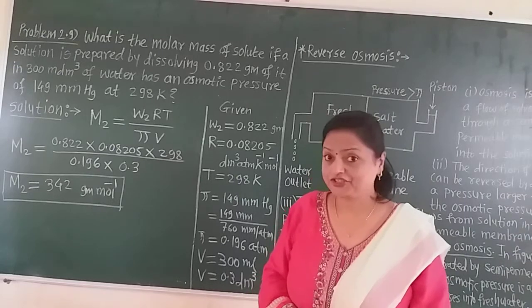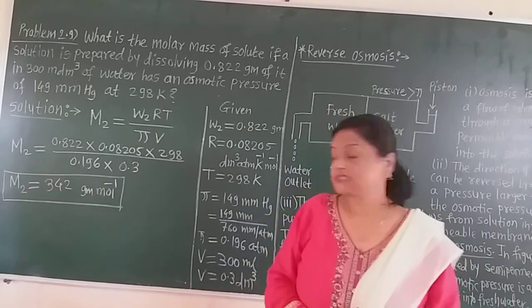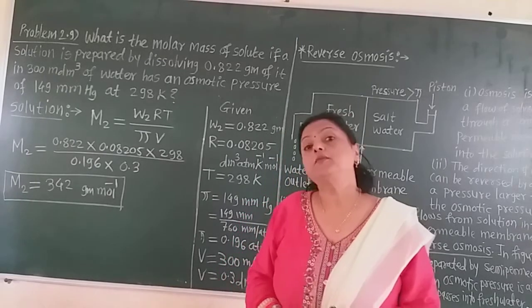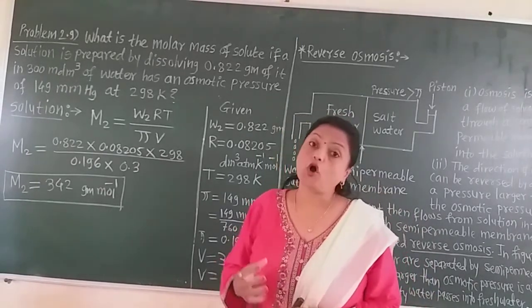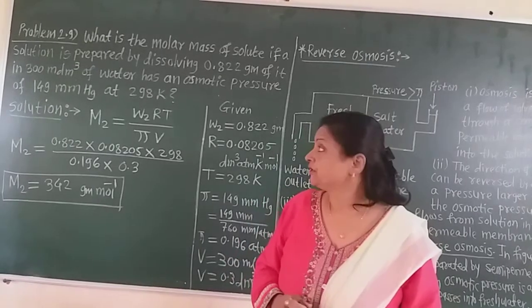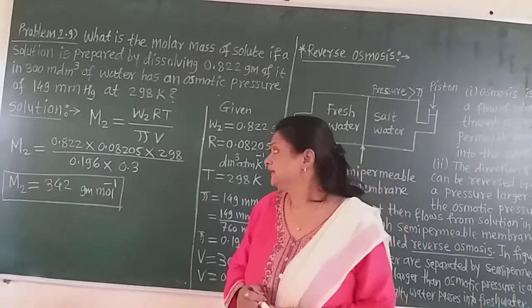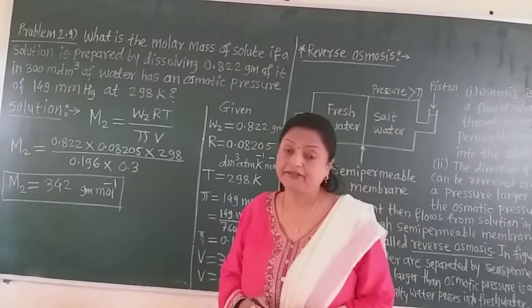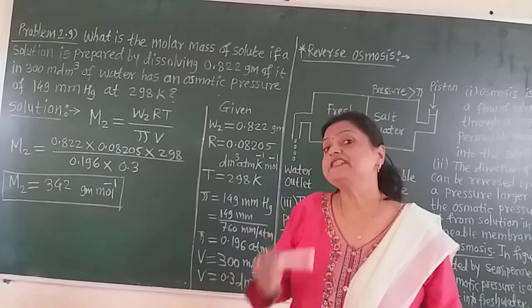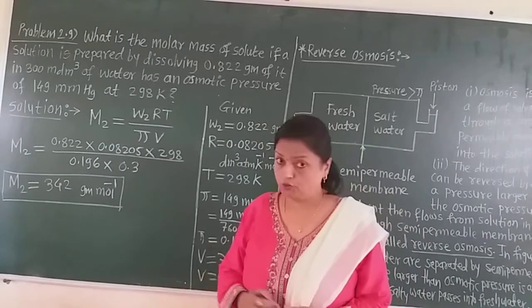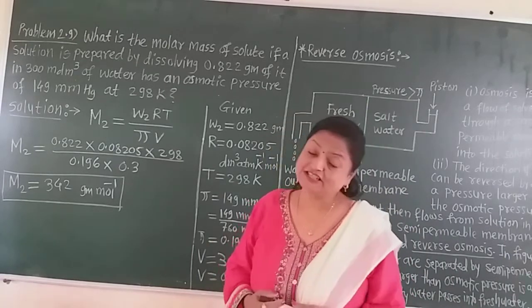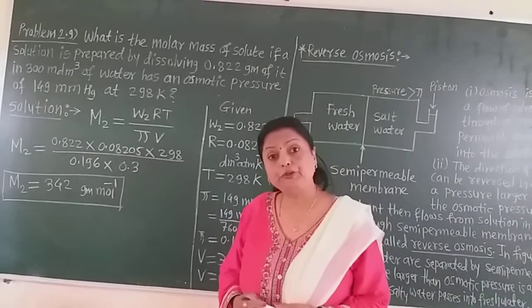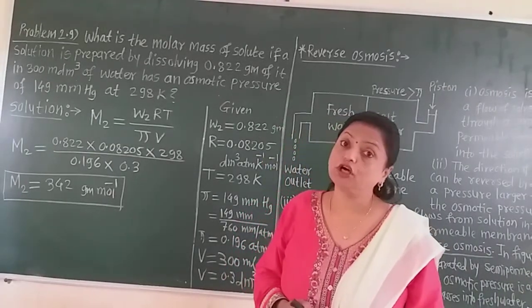In the last lecture of the chapter Solutions, we learned the formula to calculate the molar mass of the solute from the osmotic pressure. The formula is M2 = W2RT / πV, where π is the osmotic pressure, V is the volume of the solution, R is the gas constant, T is the temperature in Kelvin, and W2 is the mass of the solute.